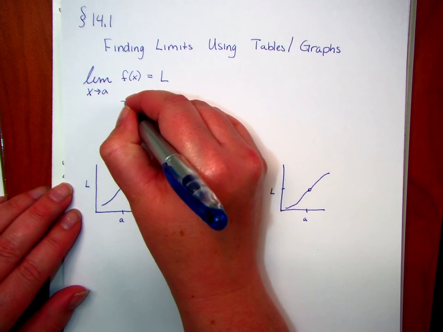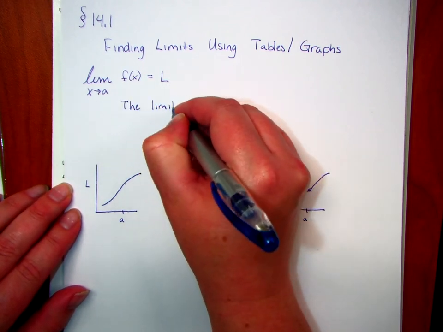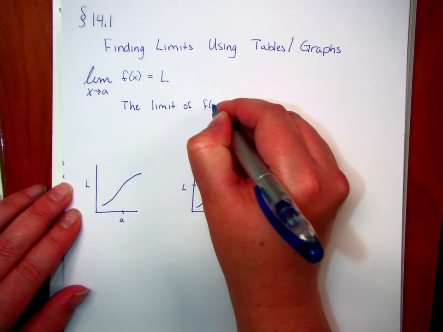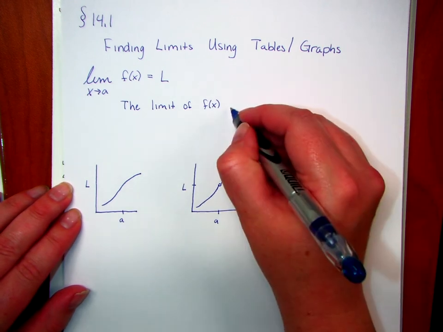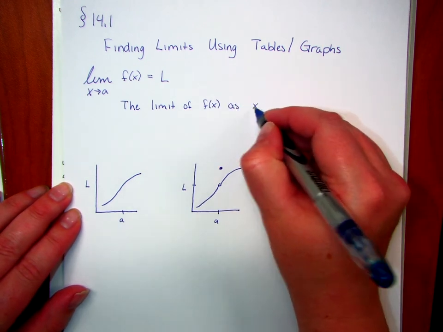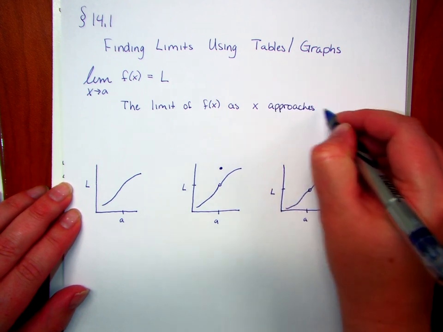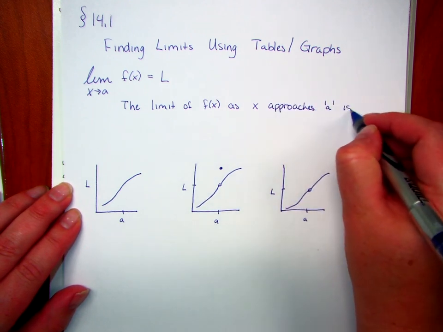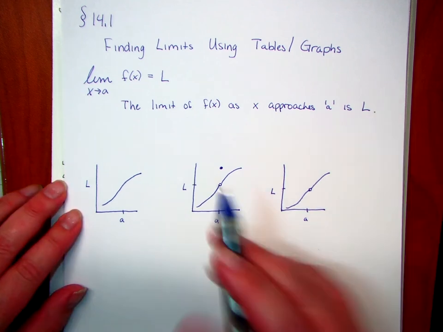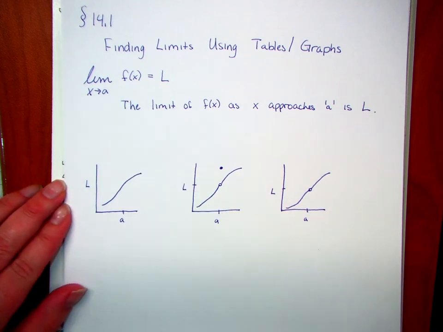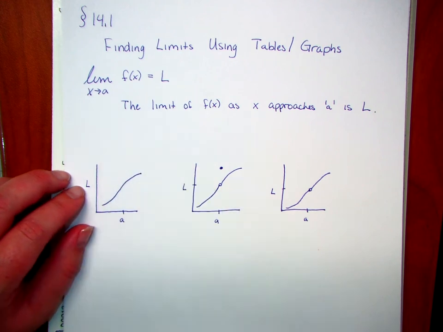The limit of f of x as x approaches a is L. That's exactly how we would read this: the limit of f of x as x approaches a equals L.